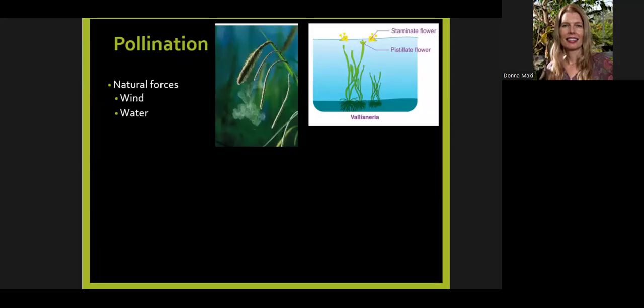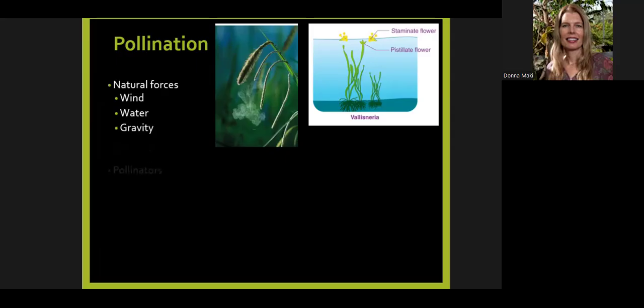There are actually flowers designed so that the male part of the flower breaks off and floats across the water like a little sailboat. I gotta figure out the name of that plant, but yeah, the male part of the flower will break off and float and hopefully bump into the female of the same species and pollinate. So you do have that.